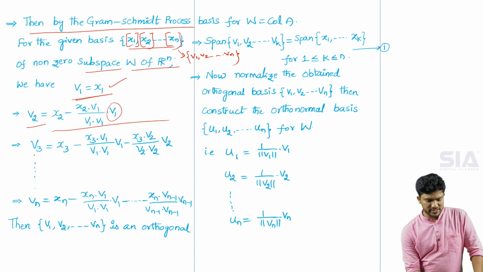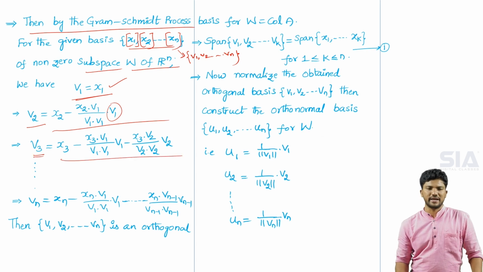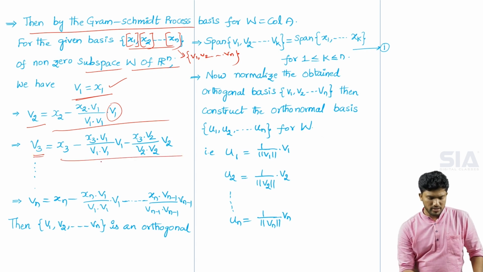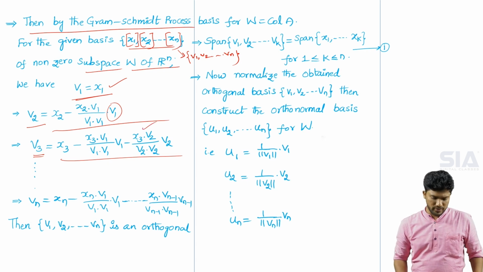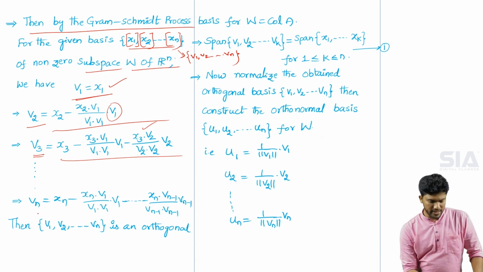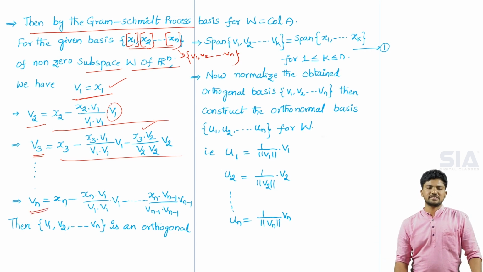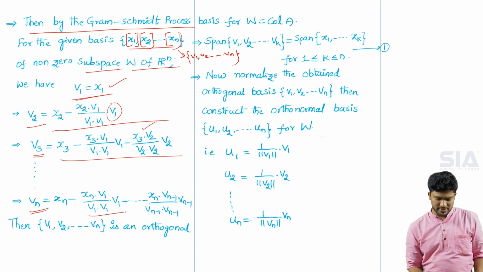Next, v suffix 3 is x3 minus (x3 into v1 by v1 into v1) into v1 minus (x3 into v2 by v2 into v2) into v2, up to so on. We can write the last vector v suffix n as x suffix n minus these values.